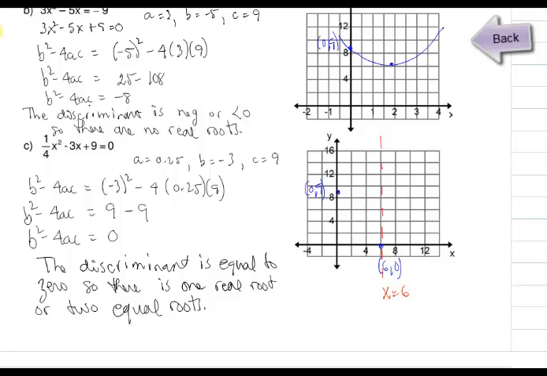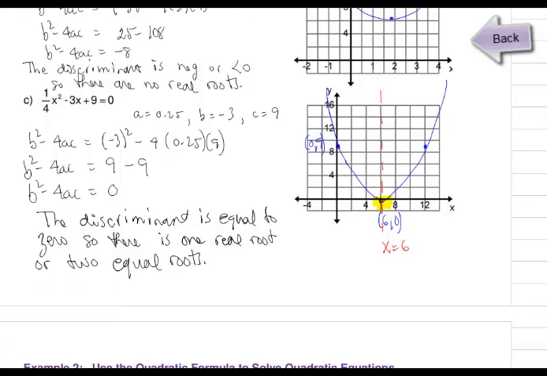Using the symmetry of the parabola, I also have another point over here, because it will be the same distance that my y-intercept is from the axis of symmetry away, to the right. And so I got this parabola. As you can see, you have one real root. It's at 6 and 0.